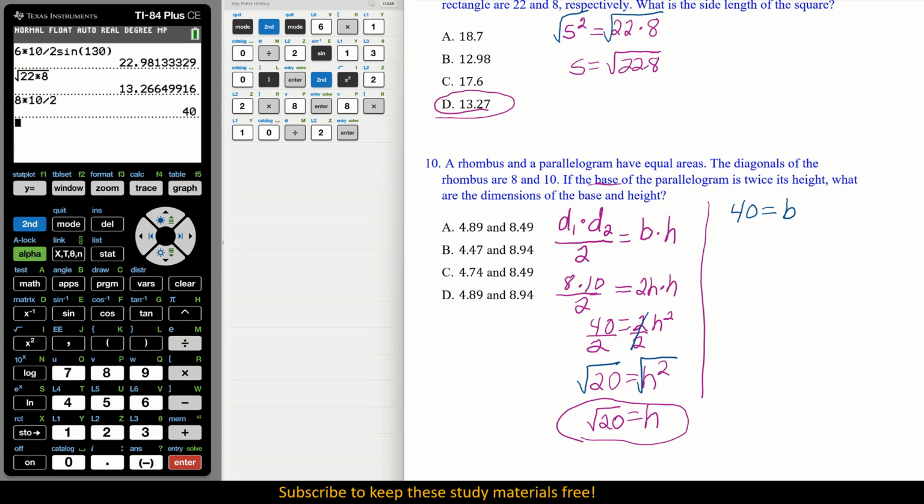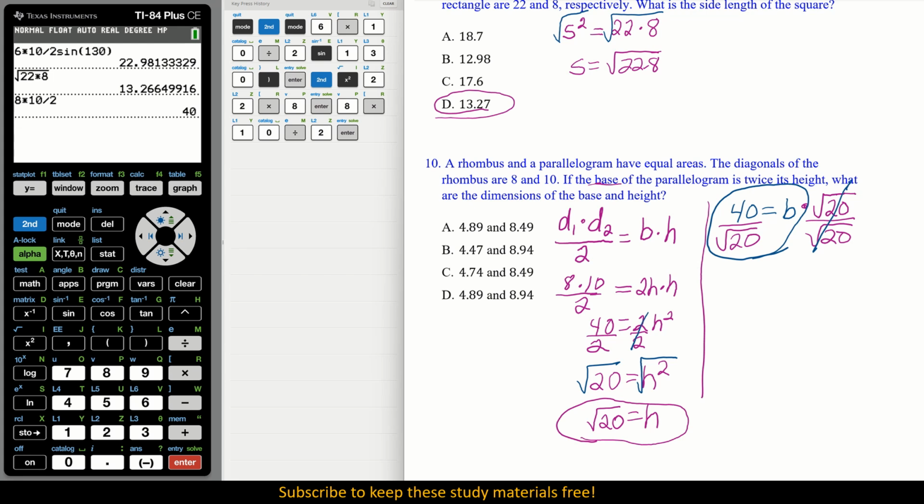This is our height. We just haven't put it in the calculator yet. What we will do is put it over here. Now to get the base, we simply divide both sides by the square root of 20. And yes, this cancels.